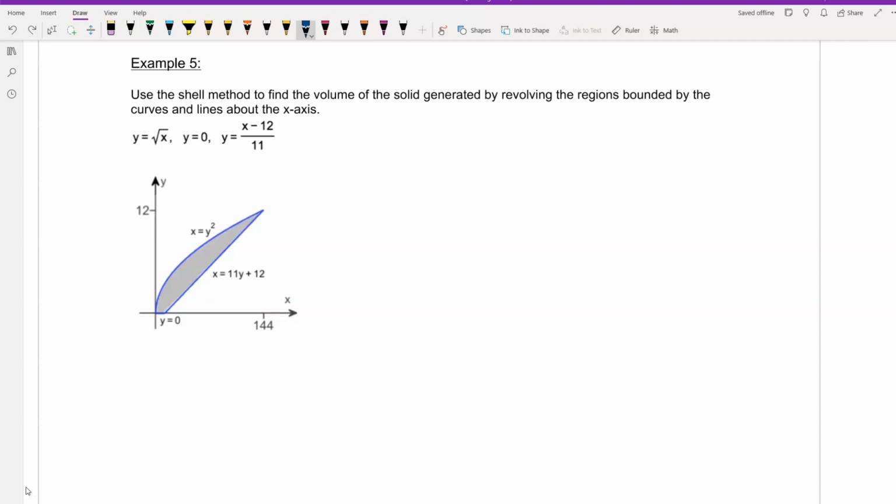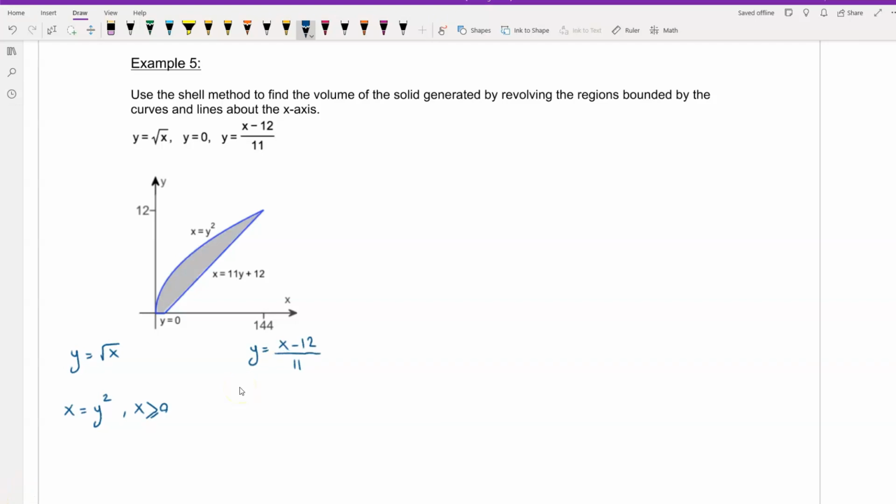So first we have to solve equations. y equal to square root of x and y equal to x minus 12 divided by 11 for x. So the first one here, we have x equal to y squared, and in this case x is greater than or equal to 0, and the other one y equal to x minus 12 divided by 11.